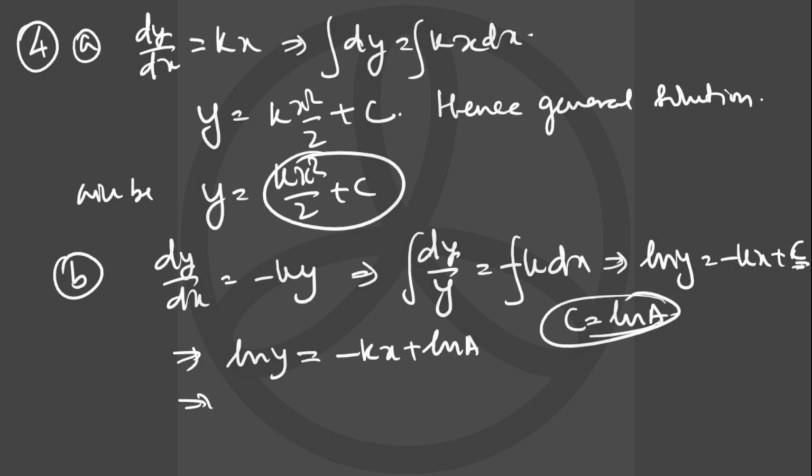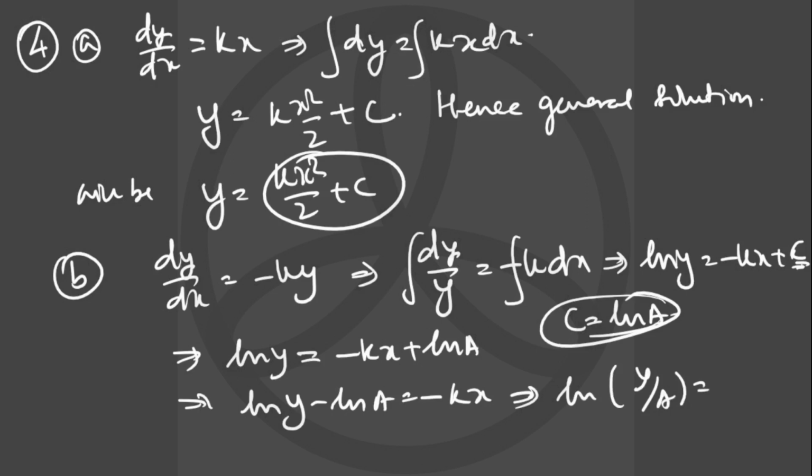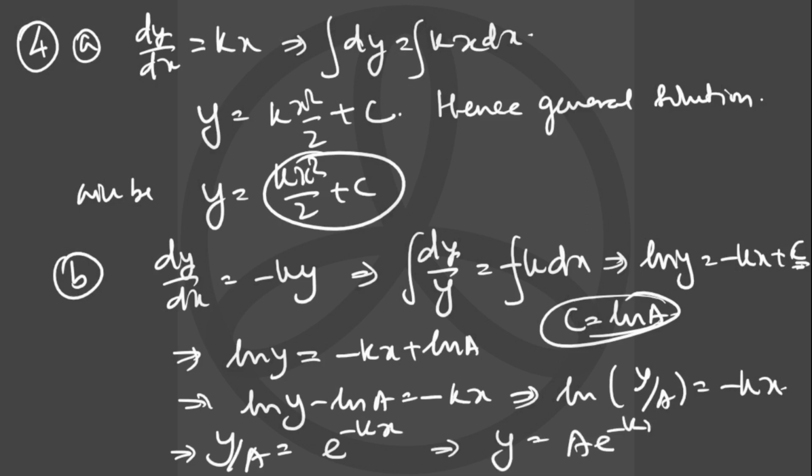Then we can bring ln A to the left hand side and write ln y minus ln A is equal to minus kx, and this will give ln y oblique A is equal to minus kx. And when we take anti-log, we will get y oblique A is equal to e to the power minus kx, or y is equal to A e to the power minus kx. And this will be the general solution.